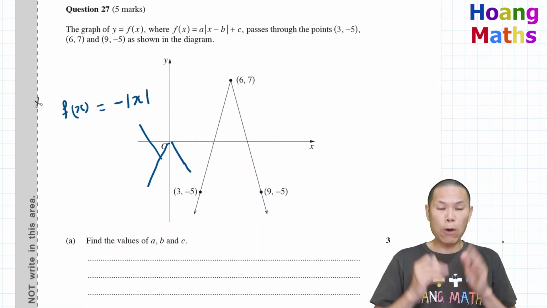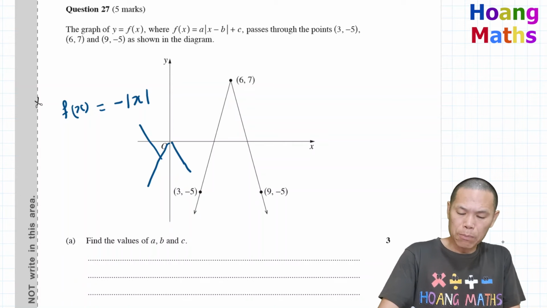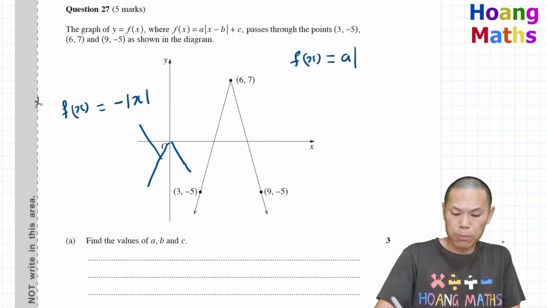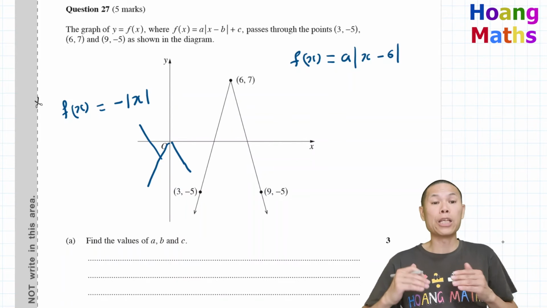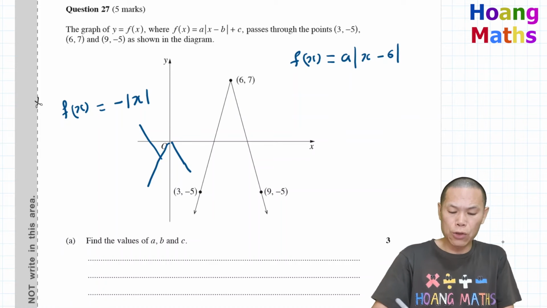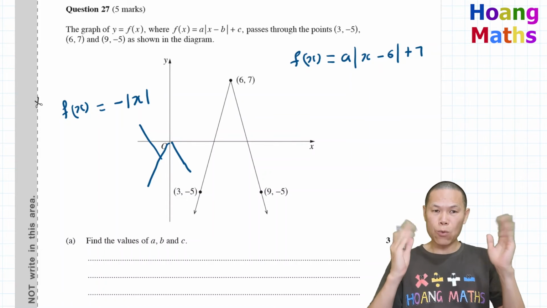Now it moves 6 units to the right. So f of x is equal to A times the absolute value of x minus 6. And then it goes up by 7 units, so we add 7. So there you go, we've got this equation already.